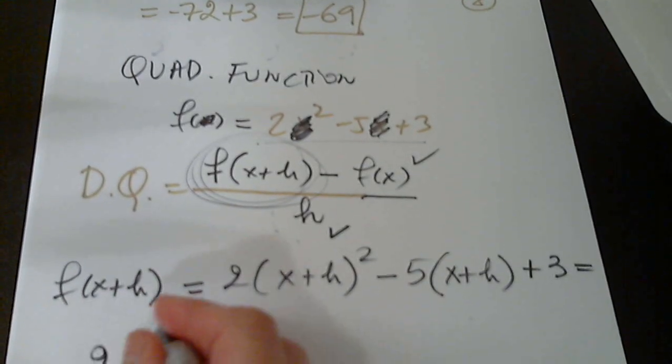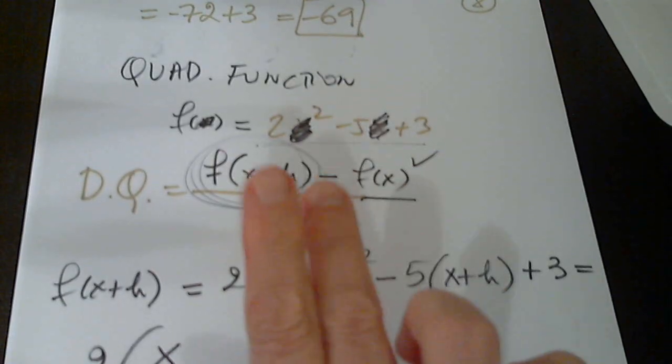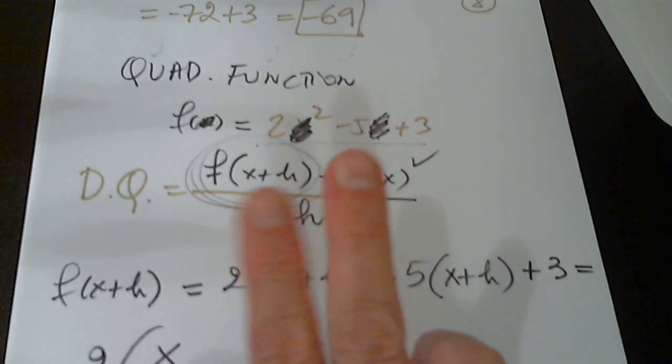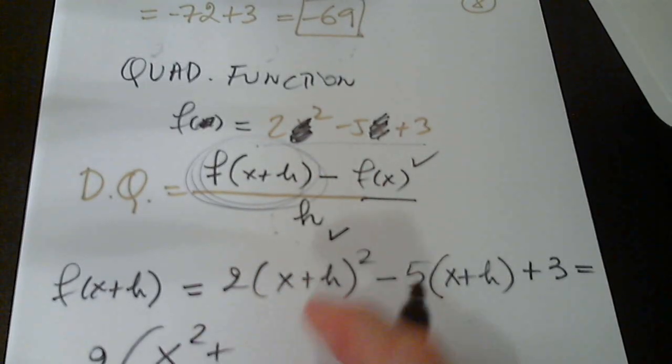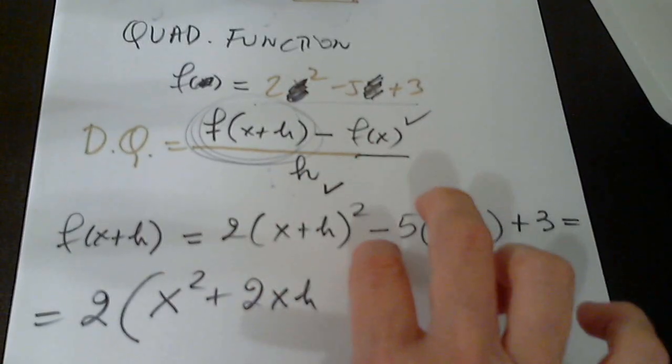Good. 2 outside in parentheses. Careful. We are squaring x plus h. What do we get when we square x plus h? x squared plus 2xh. 2 times the first times the second.